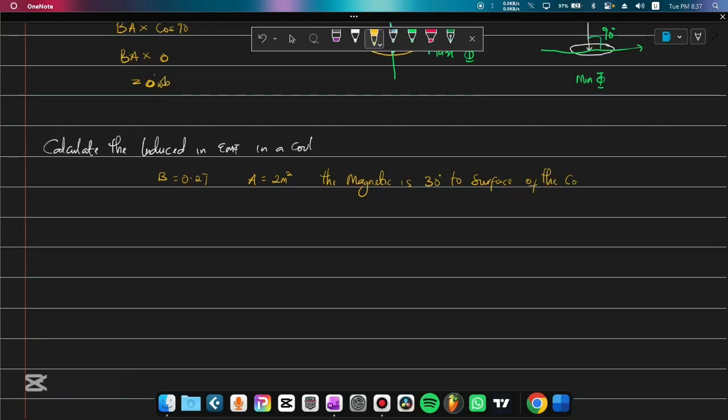Let's say this is the question. We are told to find the induced EMF. What we are looking for is E. How do we calculate it?